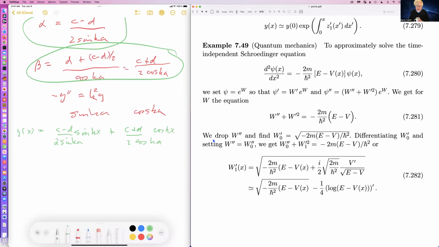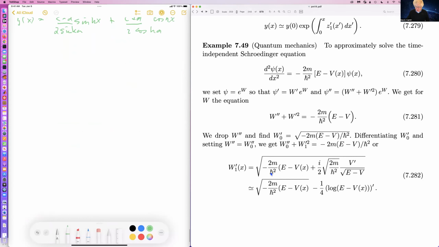We differentiate it and get an approximation for w double prime, and we substitute that into this equation. And we keep a 0 here and put a 1 here, and we solve for the 1. And so we then get directly this equation. So maybe I should fill that in just a little bit. What we have here is an expression for w0 prime.